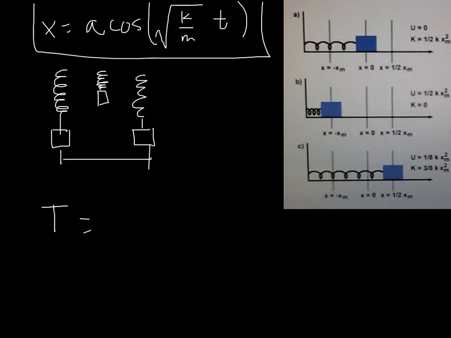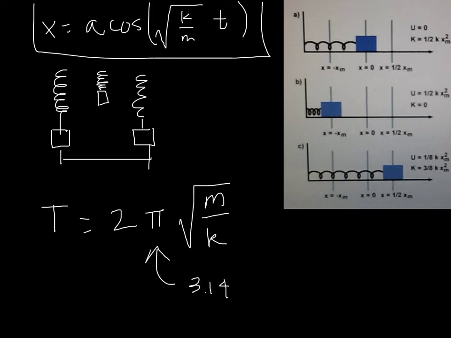And T is equal to 2 pi times the square root of m over k. Pi is just the constant 3.14. This m is the mass that's on the spring, the same m the whole time.